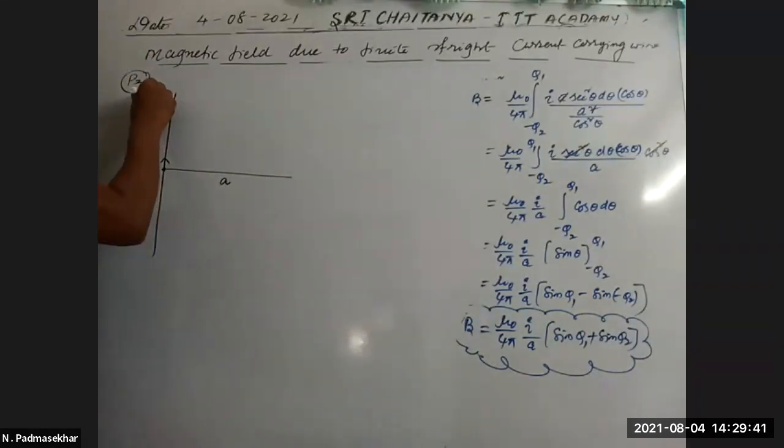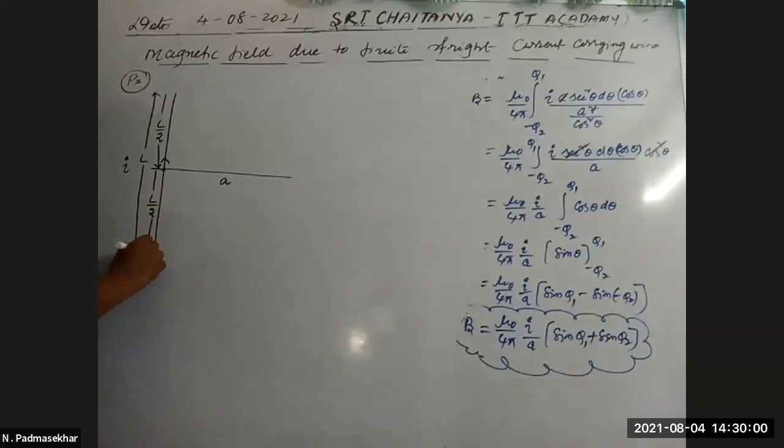This is the midpoint, which means the total length of the conductor is L. Exactly the midpoint means this length is L by 2, and this length is also L by 2.